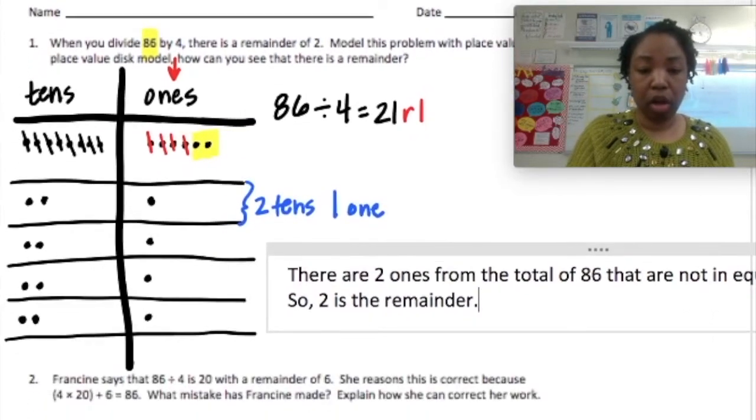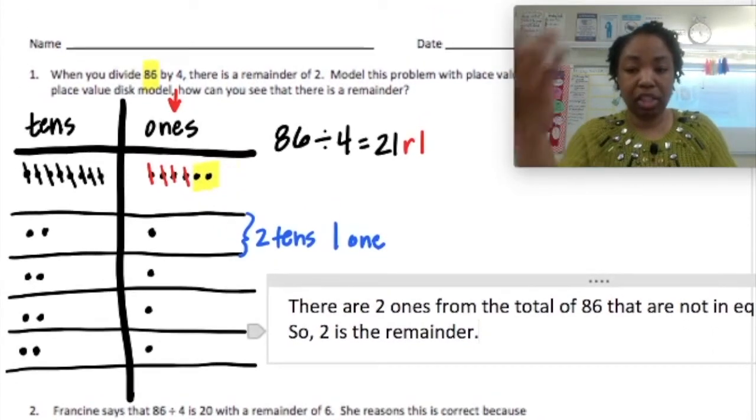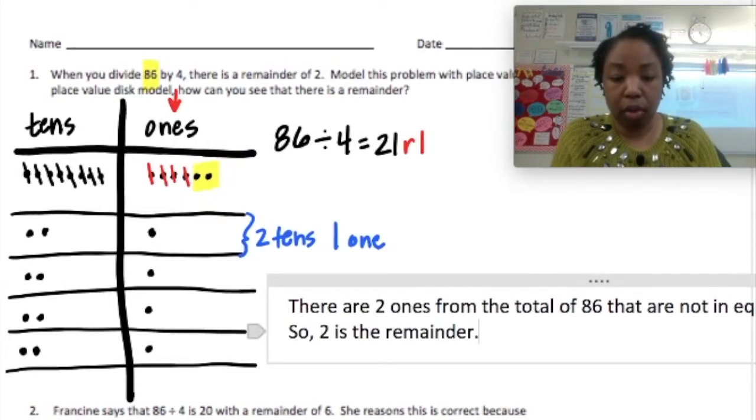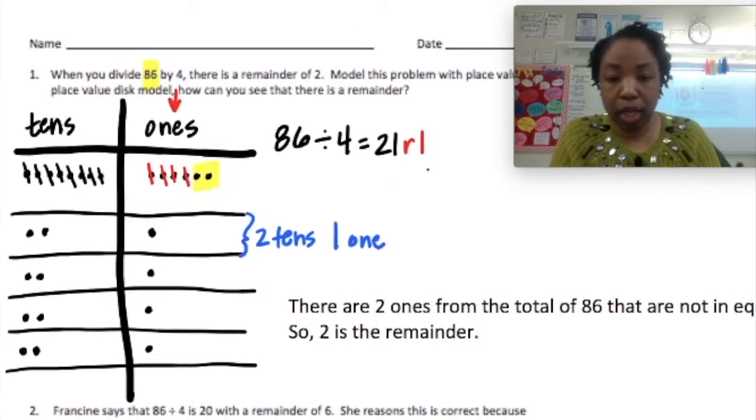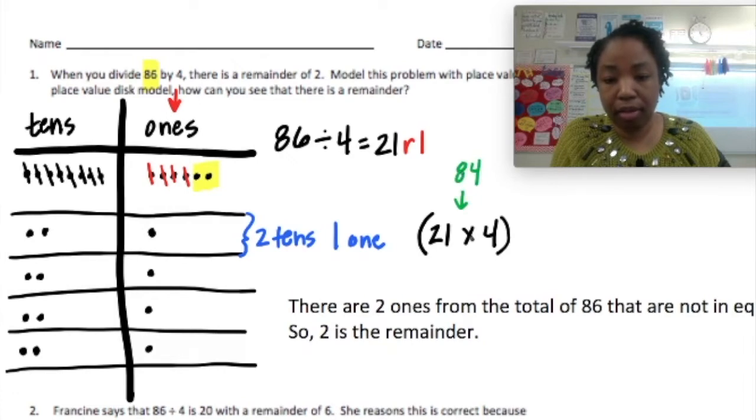And I'll also show you using that check method, right? So we said that 21 was the quotient. We did 21 4 times, right? 21 4 times is 84, right? That 84 comes from the total.